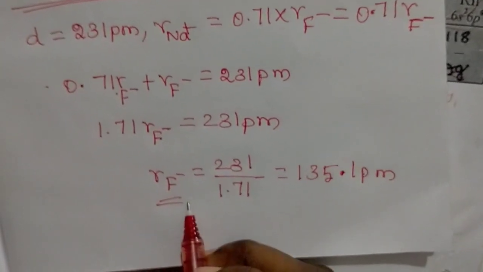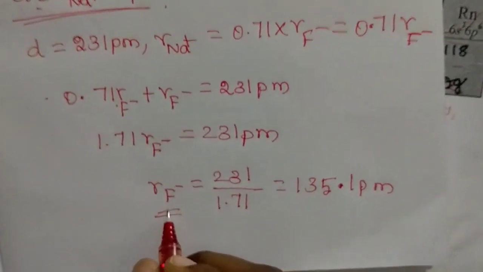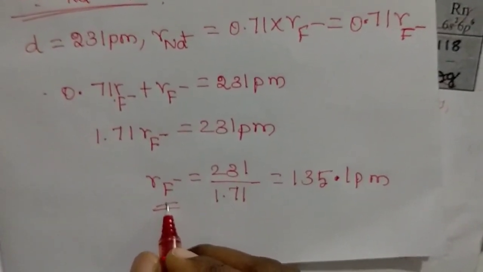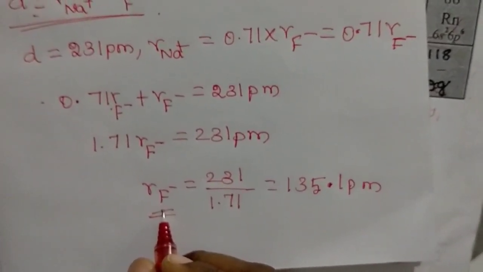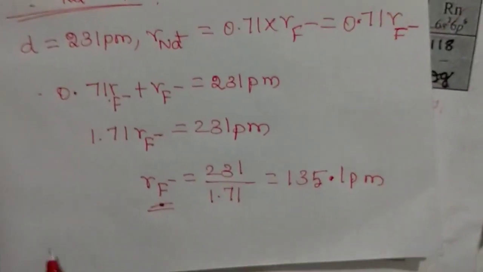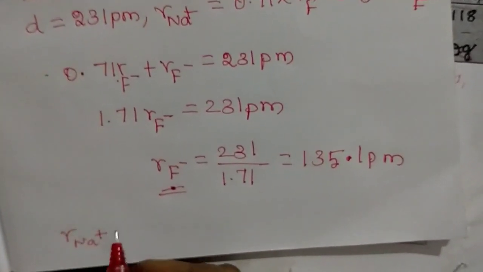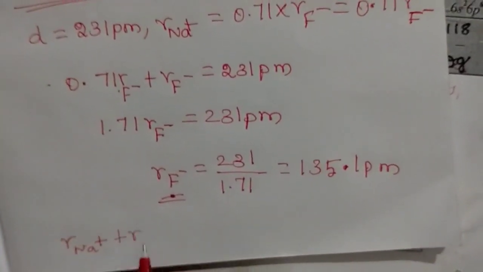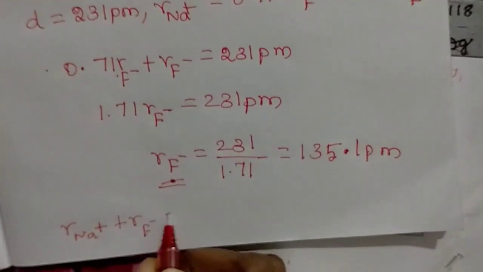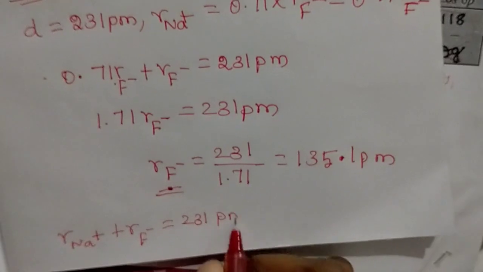Then we found only the r_F- value. We have to find the r_Na+ value. How to find it? Substitute this r_F- value into equation number 6. What is equation number 6? r_Na+ plus r_F- equal to 231 picometer.